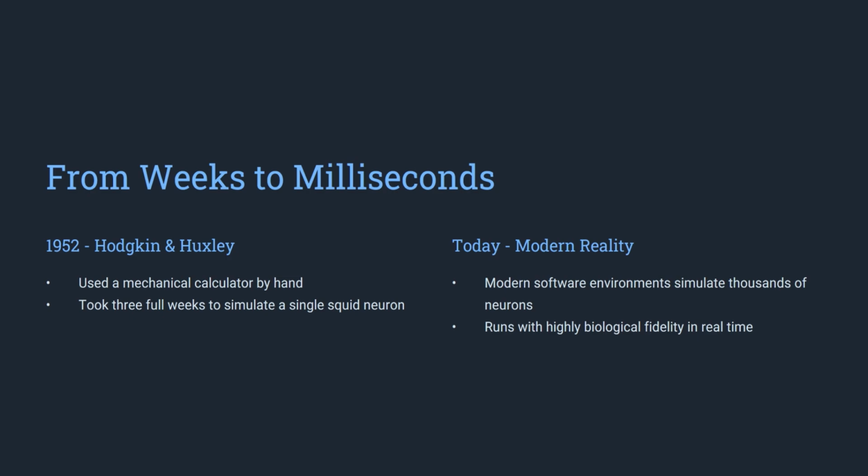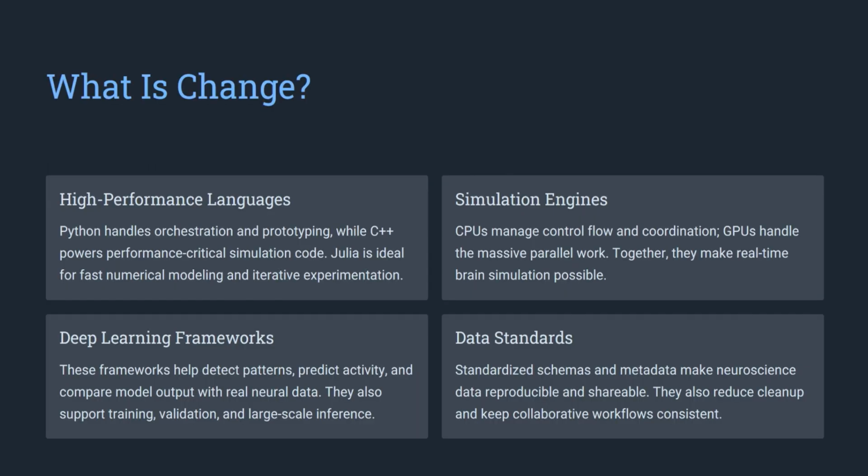They were solving the mathematical equations manually using a hand-cranked mechanical calculator, and it took them 3 full weeks just to simulate a single spike. But today, with advanced software and modern computers, we have the ability to simulate thousands of neurons at very high biological fidelity, in just milliseconds.